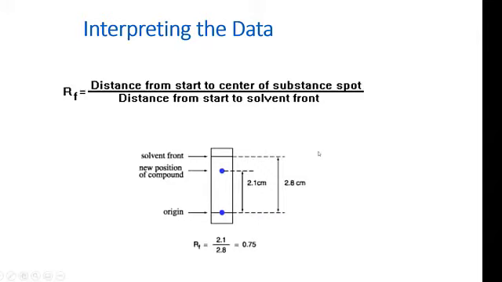Now, interpretation of the data. You can interpret the data of a TLC by the calculation of the retention factor. The retention factor value for each spot should be calculated. It is characteristic for any given compound on the same stationary phase using the same mobile phase for the development of the plates.